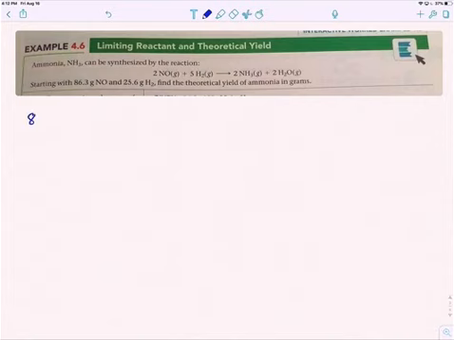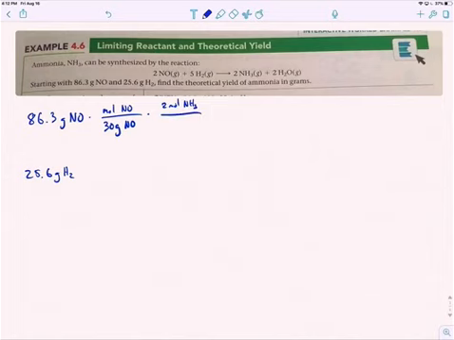So we have 86.3 grams nitrogen monoxide, and we have 25.6 grams hydrogen, and then we have 1 mole NO per, so nitrogen 14 plus 16, this is 30 grams NO, and then we have 2 moles ammonia to 2 moles NO. You can just drop the 2 and do 1 by 1, but I'm just writing it there for emphasis so you know that I got it from the balanced chemical equation.